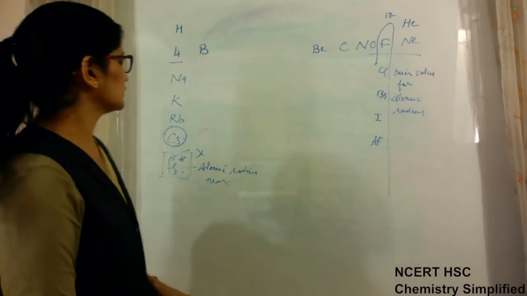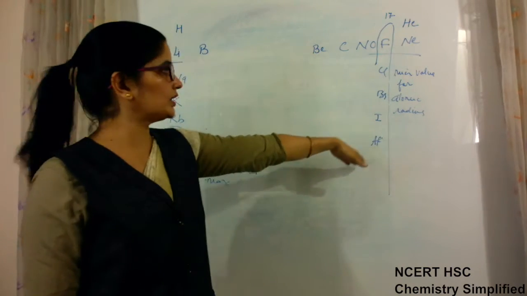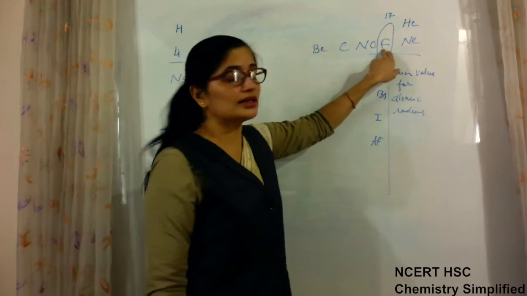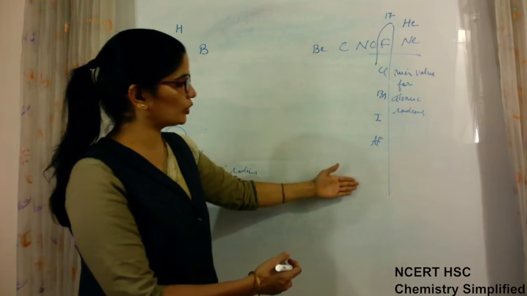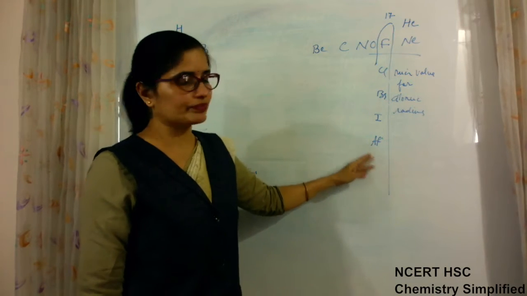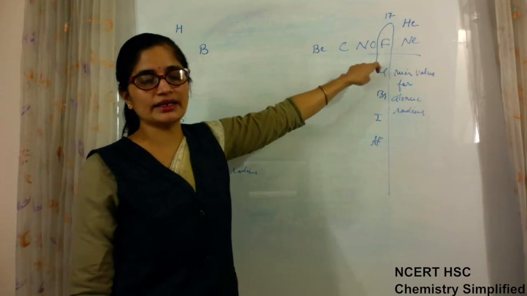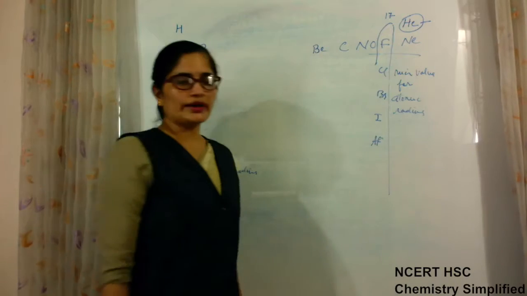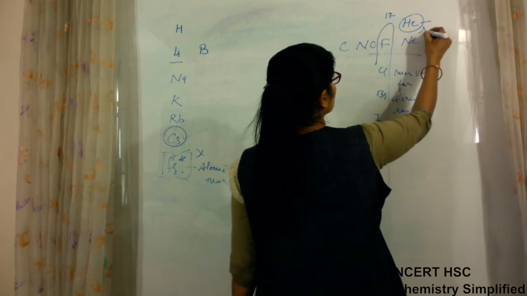Clear? Now I told that when we are going from left to right, halogens should have the minimum value for atomic radius, but I told that fluorine does not have the minimum value. According to this, what should happen in this particular group? When we move from top to bottom, atomic radius should go on increasing, and as a rule fluorine should have the minimum value of atomic radius, but it does not. Helium is the element, though it is not a halogen, it is an inert gas, but helium has the smallest value.